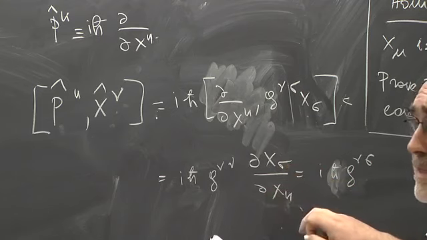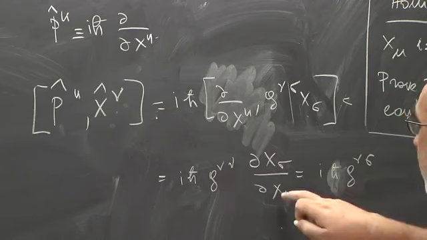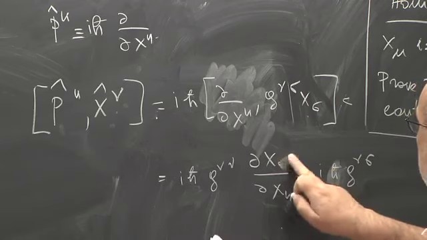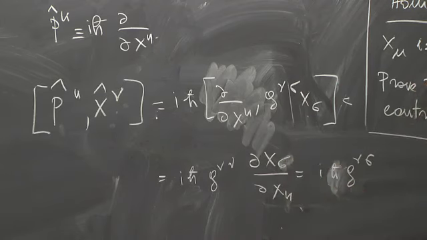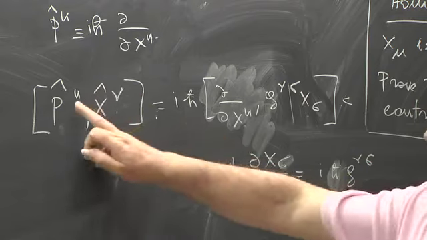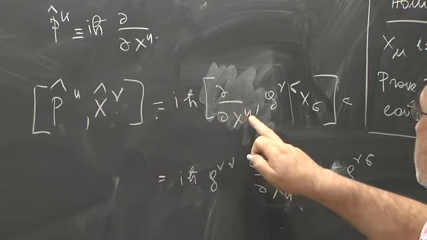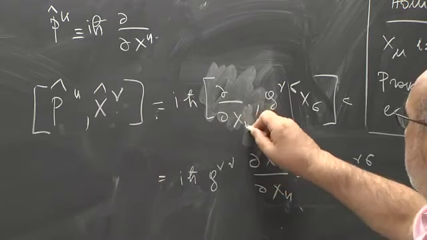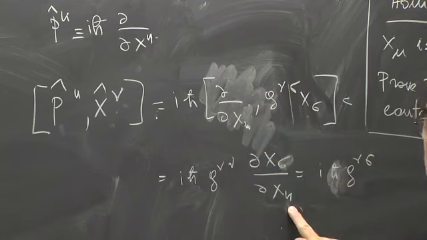But this object with the index down, as it is derived, is, sorry, yes, please. X is correct, right, when you define the momentum operator? I define it in this manner with X down. Down. It is down here. And it is down here.